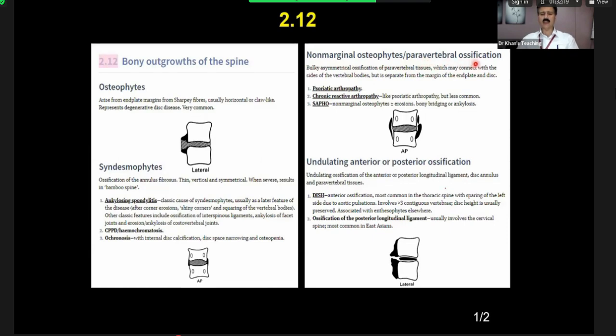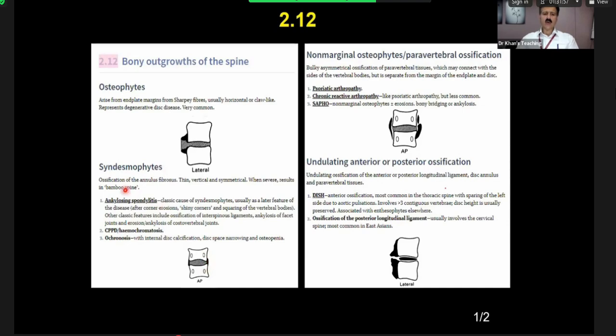Syndesmophyte can be seen in ankylosing spondylitis, and also in things like hemochromatosis or alkaptonuria, which is ochronosis. Basically, what is the definition of syndesmophyte?